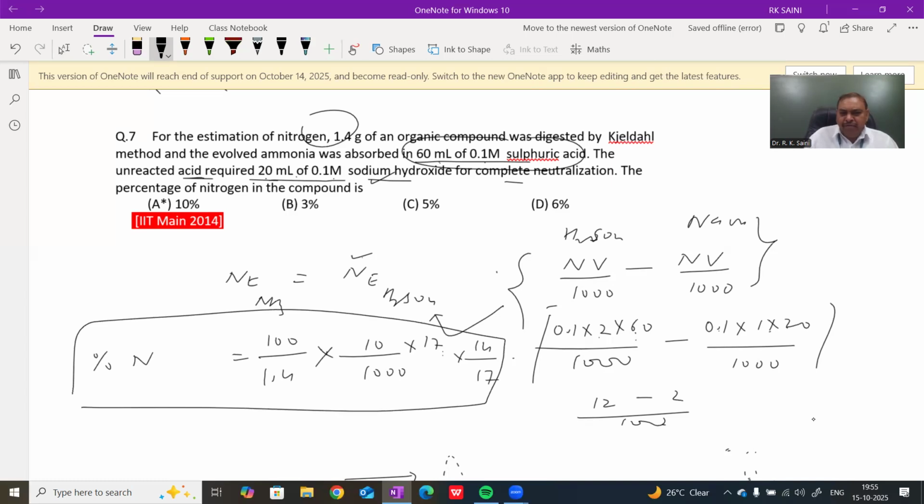In this question we find the actual gram equivalent of H2SO4 used up for ammonia. The excess amount of H2SO4 is titrated with NaOH, and their difference is used for the ammonia. By this we find the consumed volume of H2SO4, and then the percentage of nitrogen, 10% nitrogen present in this ammonia.